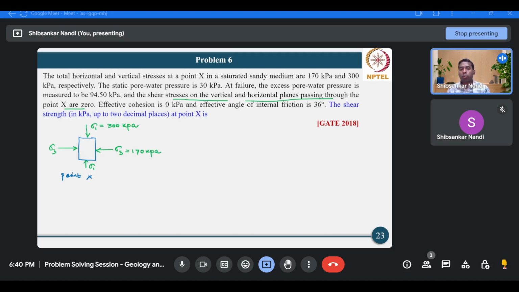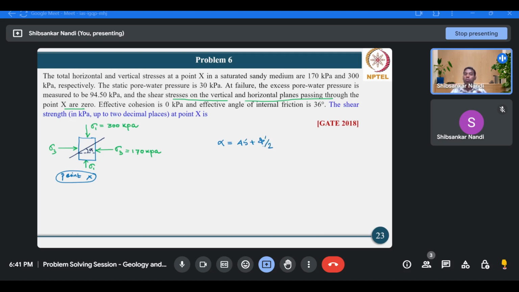Now what we have to do? We have to determine the shear strength at point X. For that, we have to first identify the failure plane, along which plane the failure would occur. The determination of alpha is the first job for this problem. Now how can we determine this alpha? This alpha can be determined as 45 plus phi prime by 2.